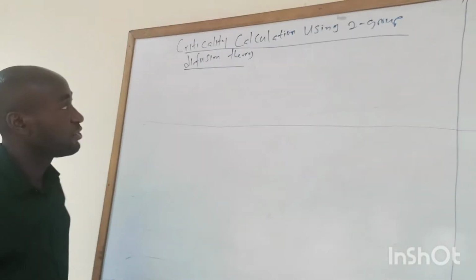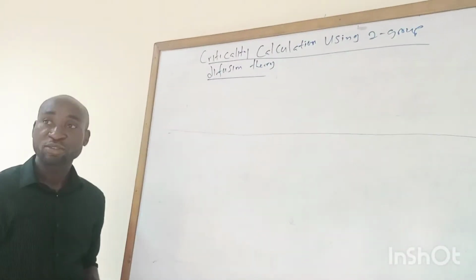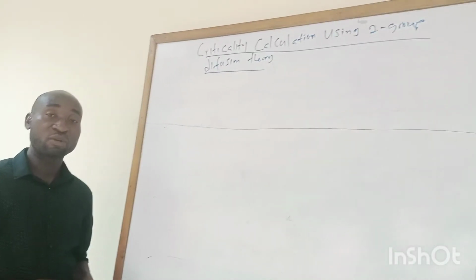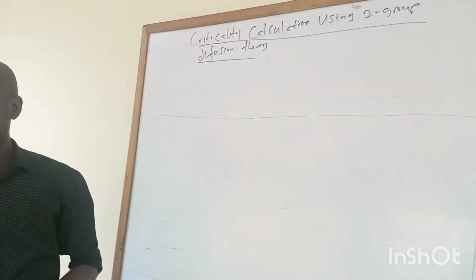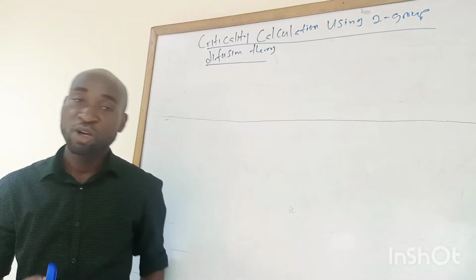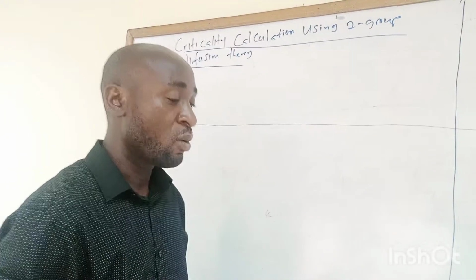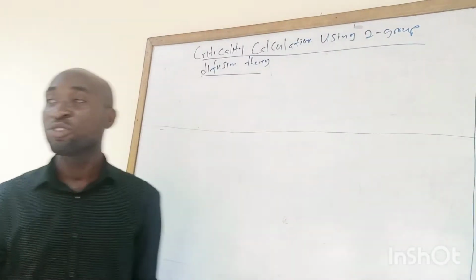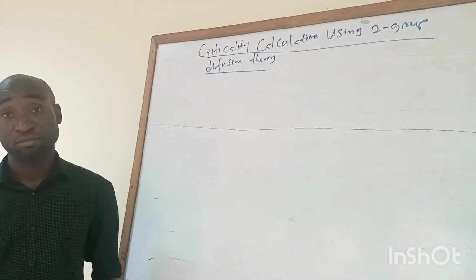Welcome to the class. In the last class, we talked about how we are going to calculate criticality using one group reactor theory. And you know that in one group reactor theory, we assume that all the neutrons are thermal neutrons.